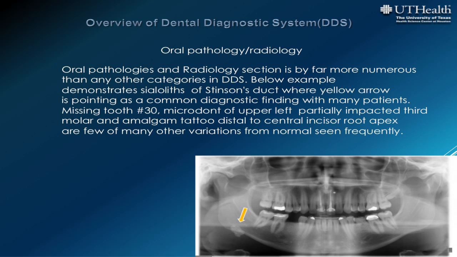Missing tooth number 30, microdont of upper left partially impacted third molar, and amalgam tattoo distal to central incisor root apex are few of many other variations from normally seen and frequently.